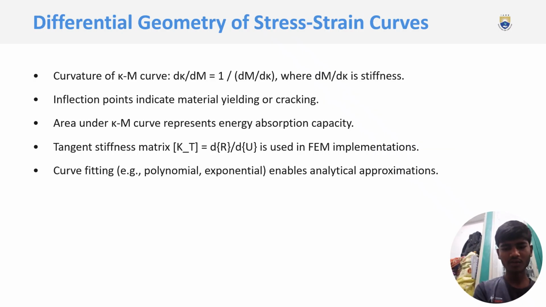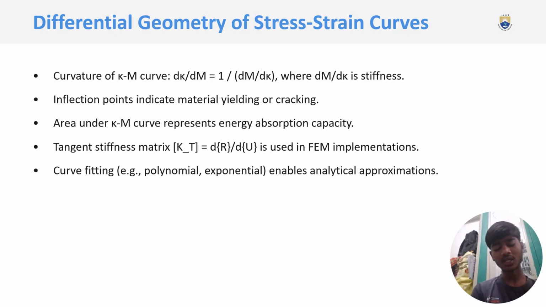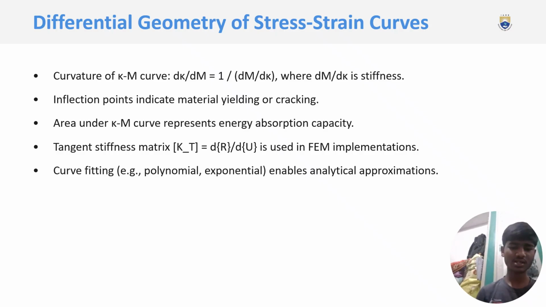Curvature of the M-k curve, differential geometry of stress-strain curves. The curvature of the M-k curve: dk by dM equal to 1 by dM by dk, where dM by dk is the stiffness.